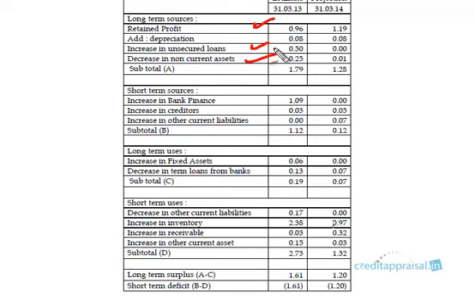Whether you believe the company can increase the current ratio as per the bank norms ultimately boils down to these 3 points. Are you convinced that the company can reach the projected profit of 0.96 crores? Are you convinced that the company can raise unsecured loans of 50 lakhs? And will the company bring back its investment of 25 lakhs in the sister concern?